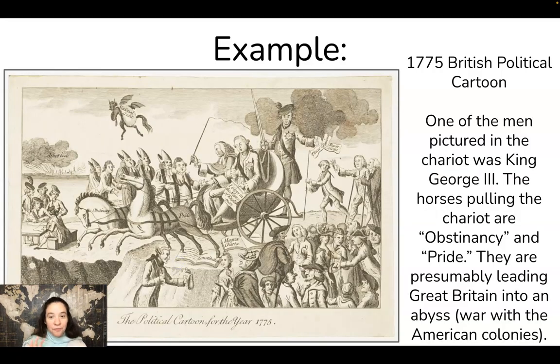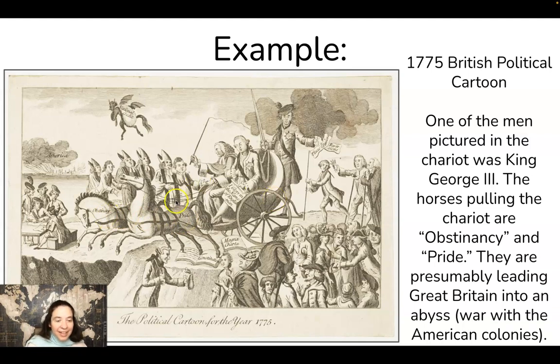This is a fun primary source that is interesting to dramatize. It's a 1775 British political cartoon. One of the men in the chariot, I think it's this guy here, is King George III. The horses pulling the chariot are called Pride and Obstinacy.